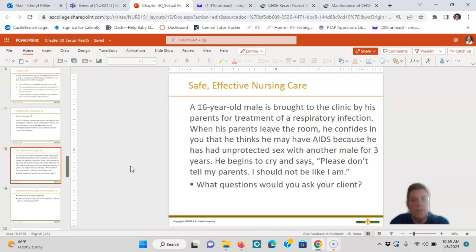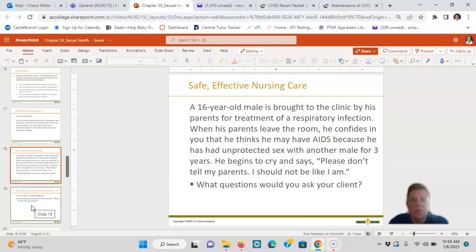So just think about some of the things that you would ask this patient. I would probably start with, your parents don't know? Why do you think? Do you want to be tested? So lots of questions you can come up with.